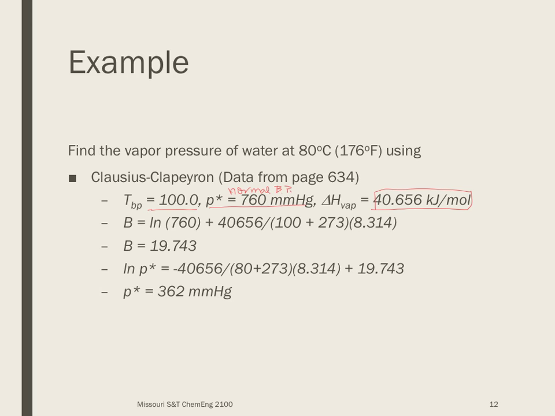There is, of course, the option where you could have found the enthalpy of the vapor and the enthalpy of the liquid at 80 degrees C and subtract those, and that would have also given you the heat of vaporization for this material. This would be better, but you don't always have that as an option.